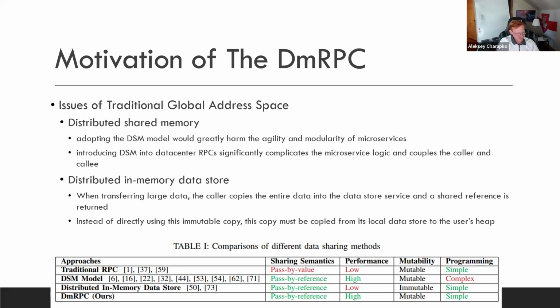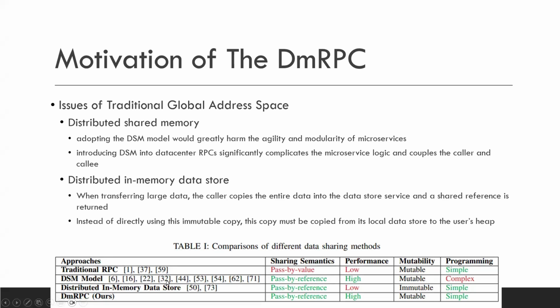Okay, so what I was talking about. If you look at the approaches, in traditional RPC the sharing semantics is pass by value, which gives low performance, but it's simple for programming.